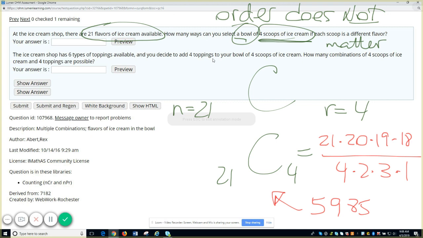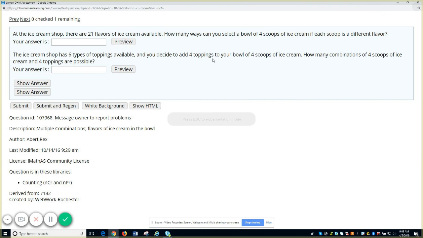Now, the next question says you also want to select toppings. So out of 6 available toppings, you're going to choose 4 toppings in addition to your 4 scoops of ice cream. And so how many different combinations of the scoops of ice cream as well as the 4 toppings are available? We already know that for the scoops we have 5,985 of those.